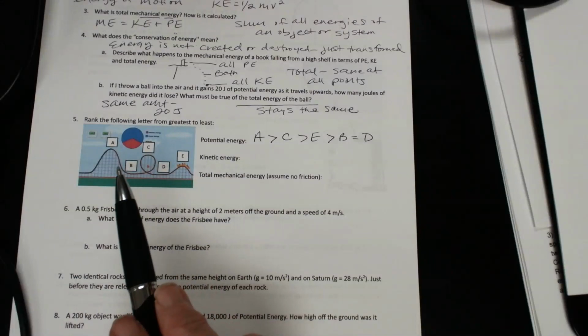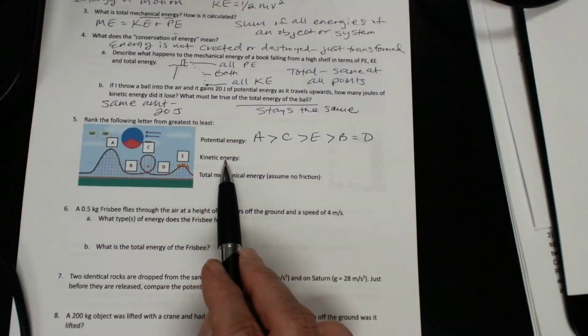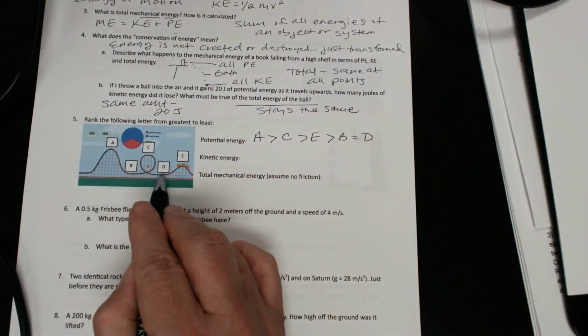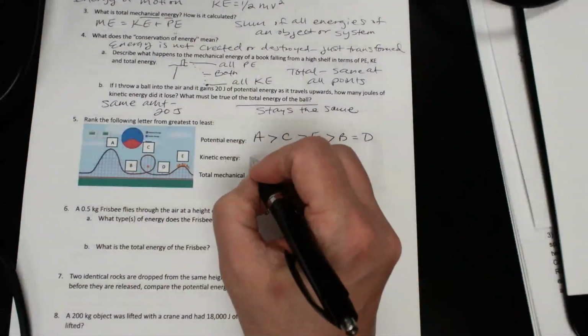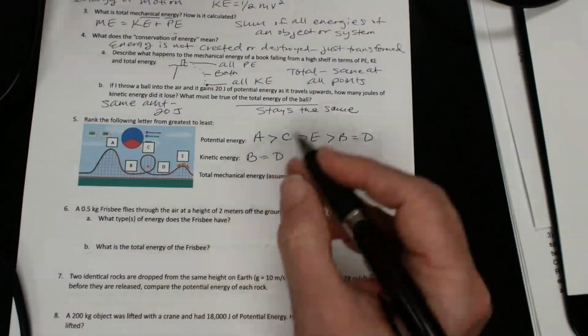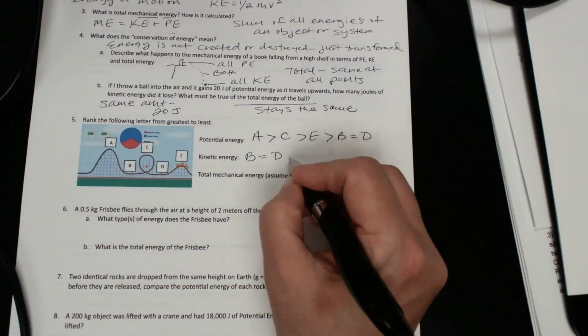When we think about kinetic, because we're shifting between potential and kinetic, it is going to be the opposite. My highest values of kinetic energy are going to be these two bottom points because that's where I have the least amount of height. So I'm going to have the greatest kinetic energy there. And then it's going to be basically the reverse order of what we did for potential energy.